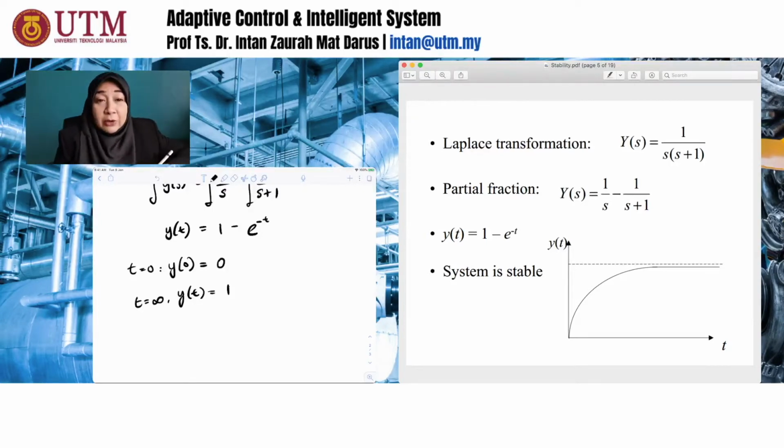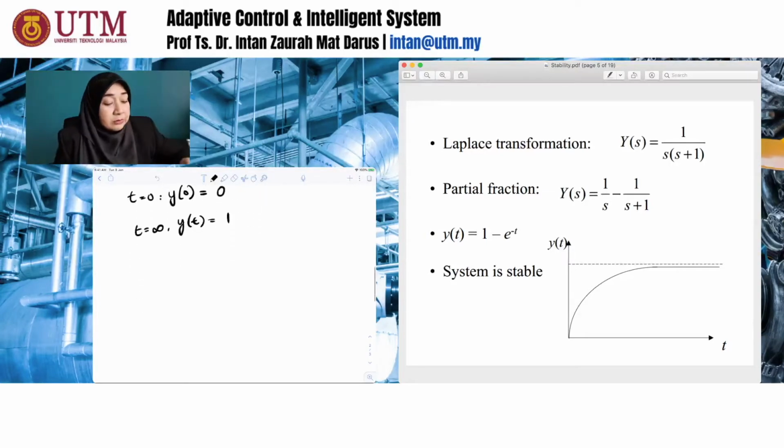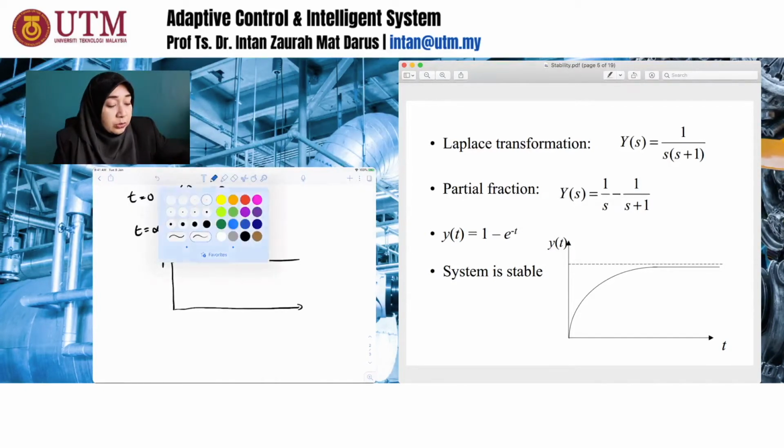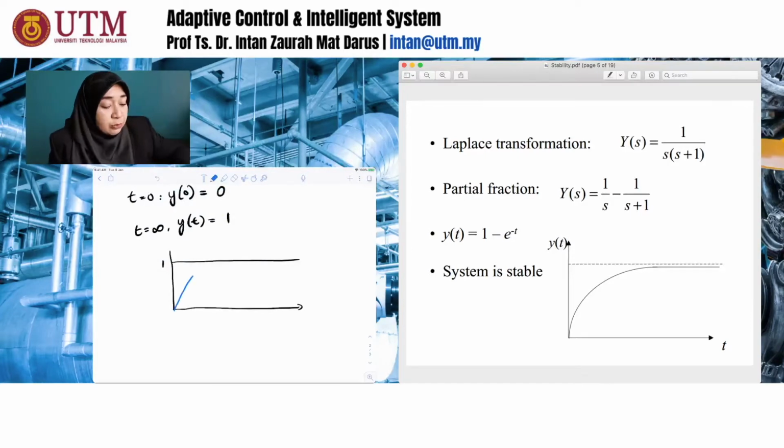If I plot the graph, my input is a step input with a value of 1. My response will become a negative exponential, and the response will also become 1 eventually, when t equals infinity. So this is how my system responded.